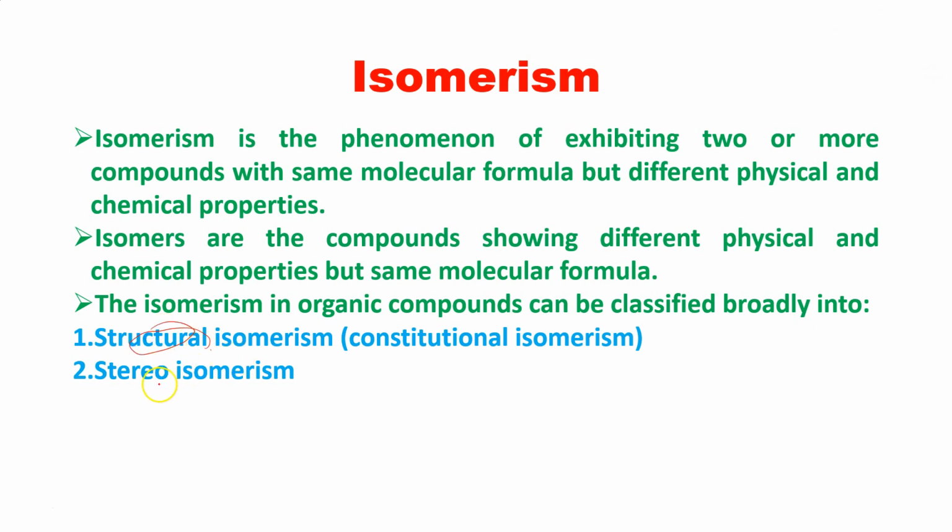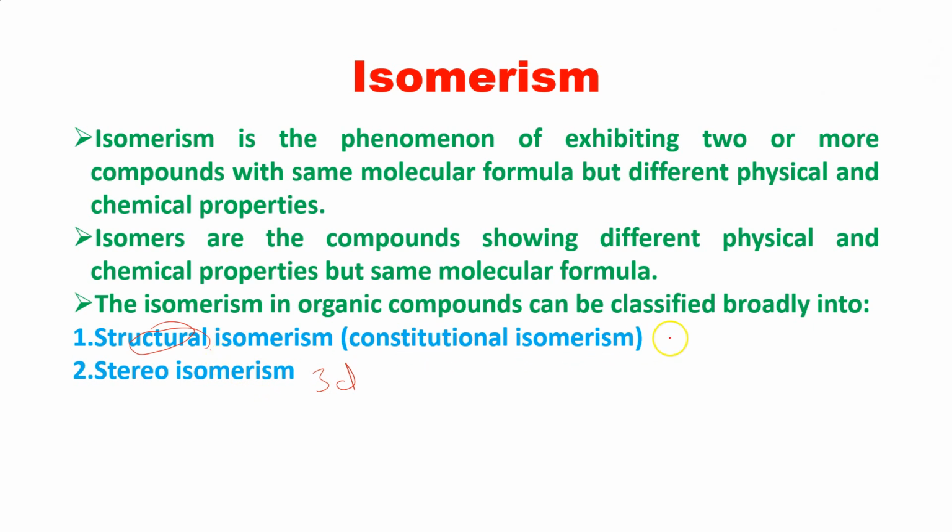Stereoisomerism is further classified into optical isomers and geometrical isomers. It means that there is only a difference in 3D structures, or we can say the arrangement of atoms is different in space.